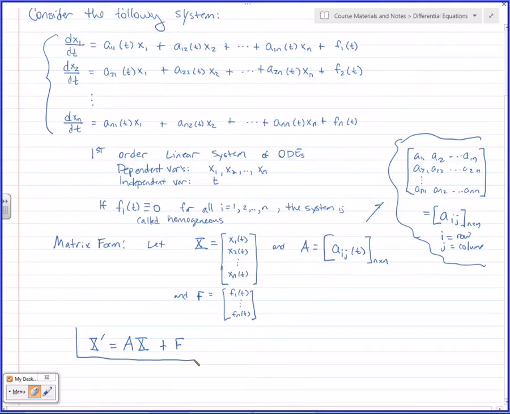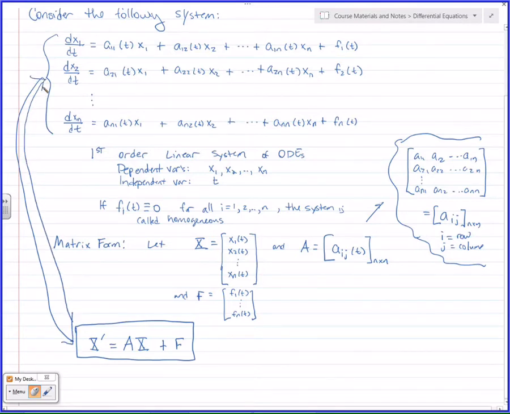So this, using these as my notation, says exactly the same thing as the system I wrote first. I can just write it like that, okay?